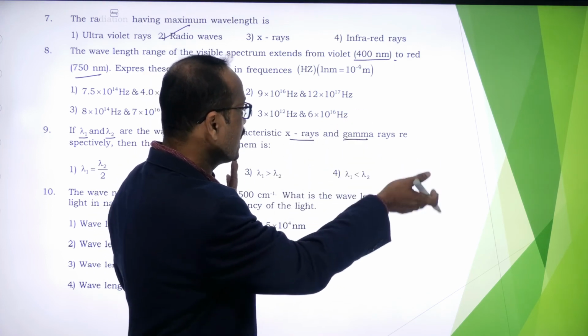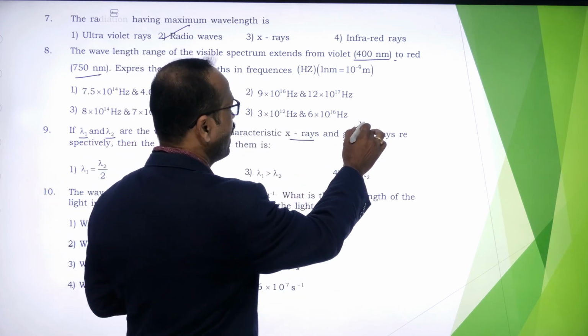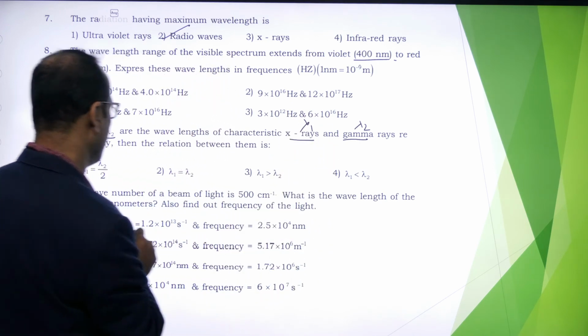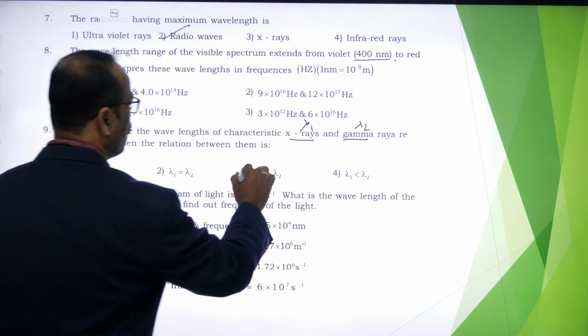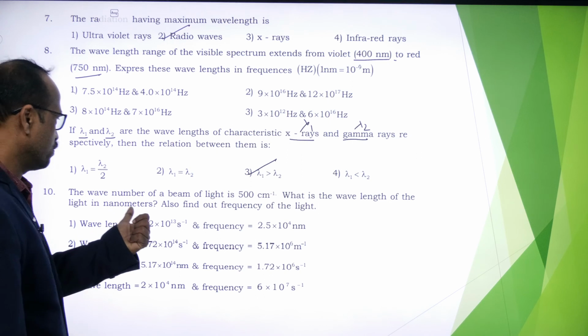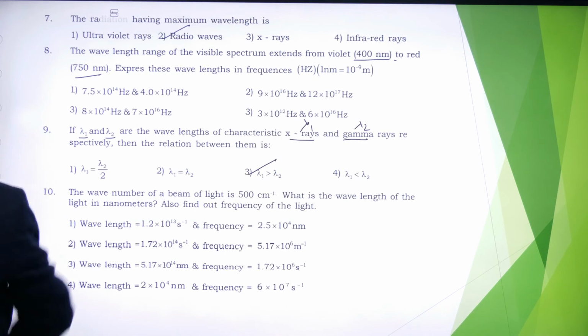Means X-rays wavelength is greater than gamma rays. So lambda 1 is greater than lambda 2. So the third one is the option. And this also is a problem. Try to solve this problem also. That is the homework for you.